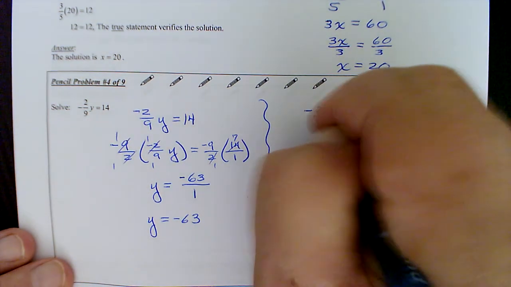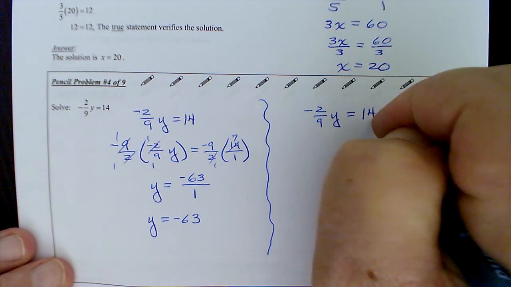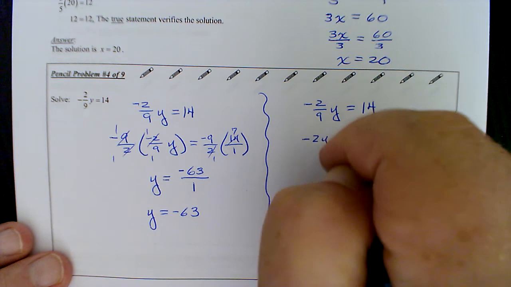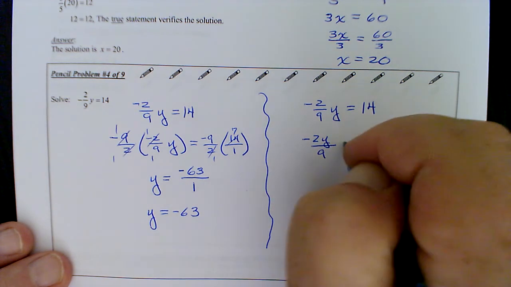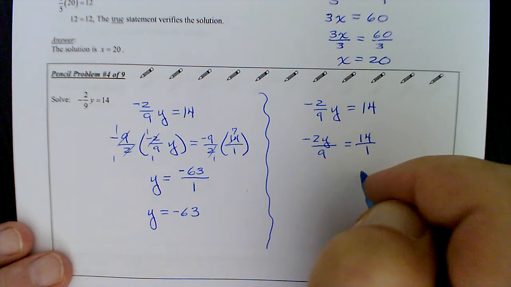Alternatively, the proportion method. So starting with the given equation, I'm going to rewrite it as -2y over 9 equaling 14 over 1, and cross multiply.